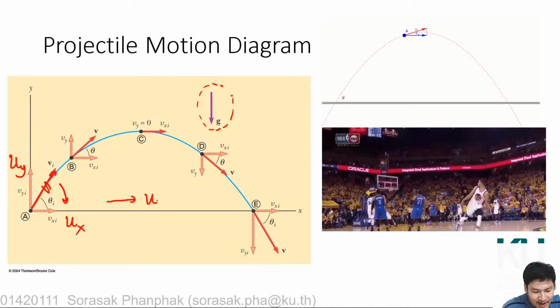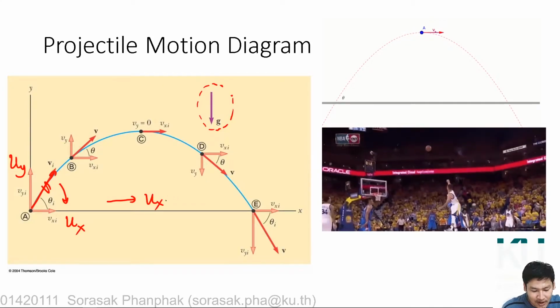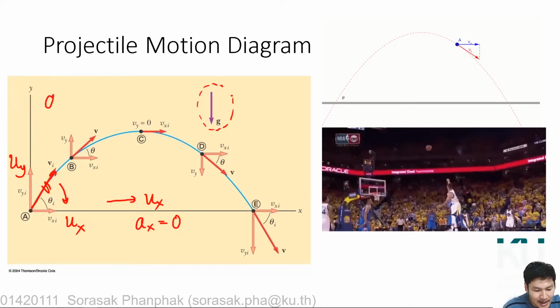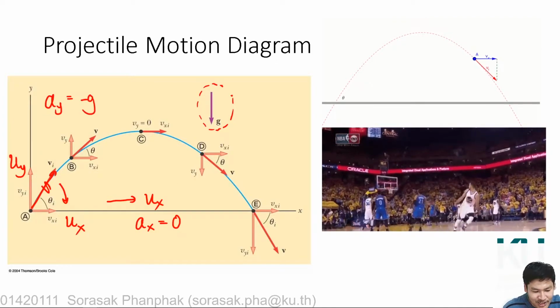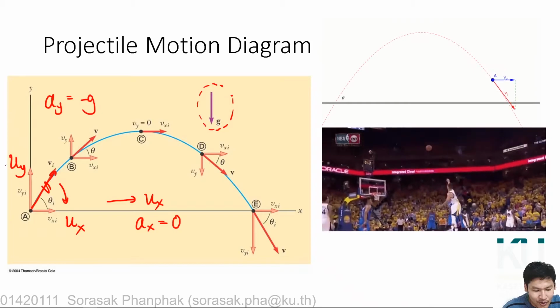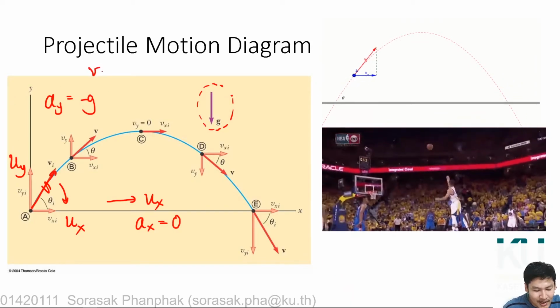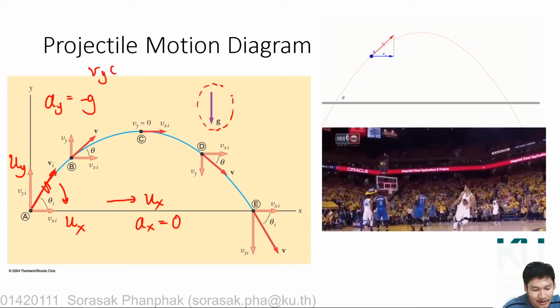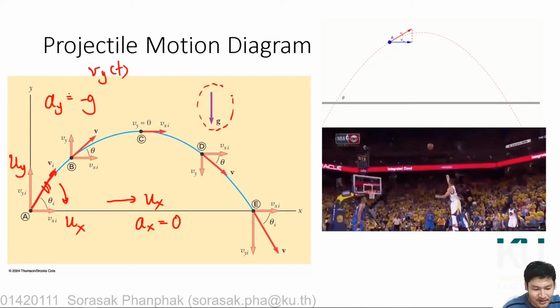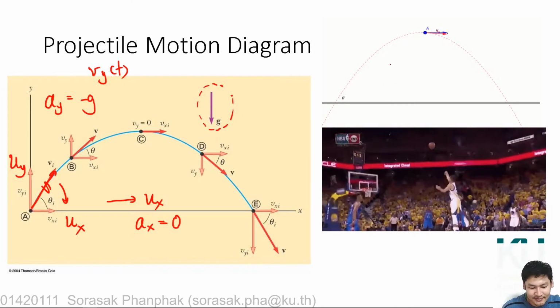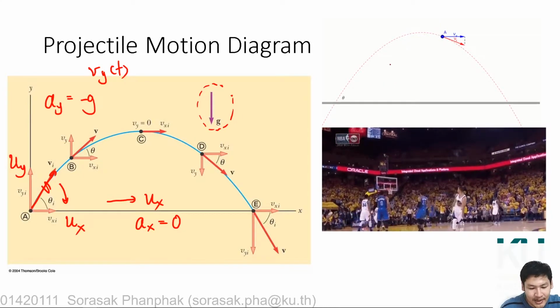Now ux is moving with constant speed because ax is zero, but ay is equal to minus g. So u will change to v with any time relation because some acceleration influences the velocities. And we will explain more in detail.